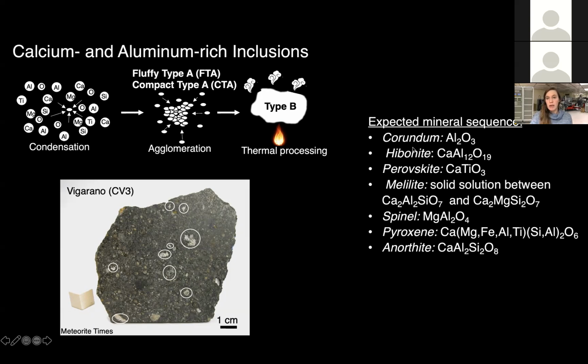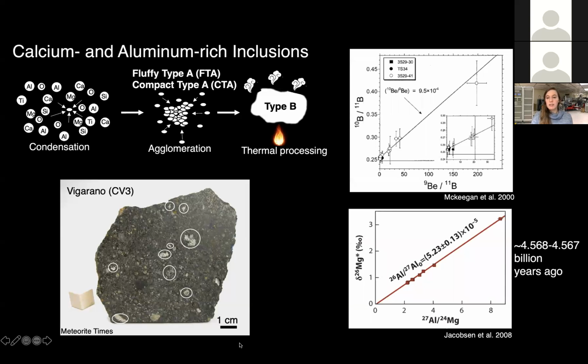And then after that, corundum will react with the surrounding gas to produce all of these minerals, and all of these minerals together we find in CAIs. One that I'll be focusing on today is called melilite, and it's good for my study because it has a high beryllium to boron ratio. So it has a lot of beryllium and not very much boron.